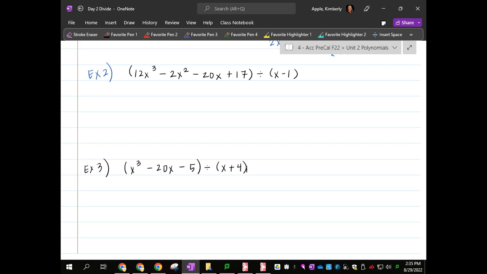Because this is just a tool we're going to use to graph polynomials. So we're about to go back to graphing again. And in order to successfully graph these higher order polynomials like degree 5, degree 6, you have to learn how to do this so you can factor those things. Ooh. Factoring is coming back.